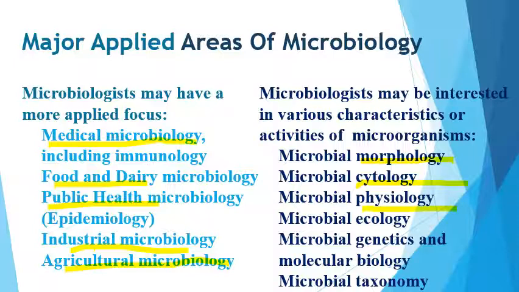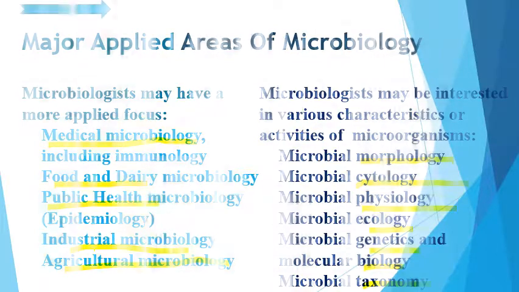Then we discuss ecology. Then we discuss their genetic makeup, genes, which deals with molecular biology, and then taxonomy. These are all the characteristics or activities related to our microbiology.